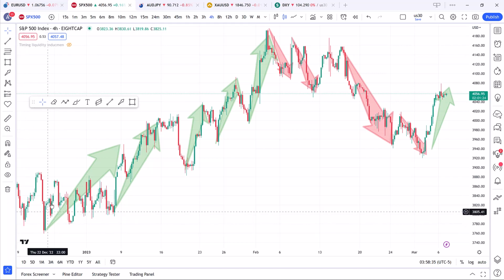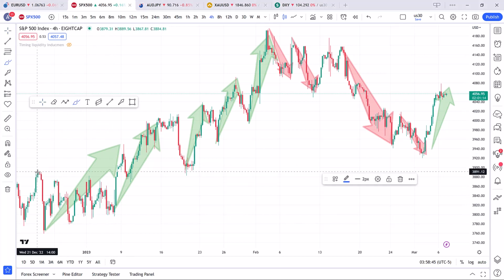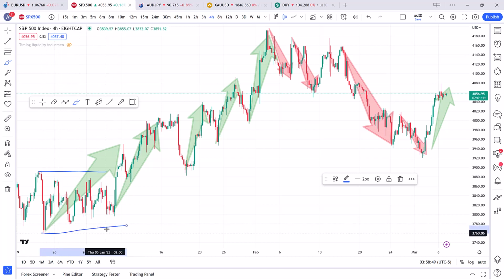For example, here we know that if we know what a trading range is, we can see that the market is ranging, so we are in a pullback mode and we don't risk our money.